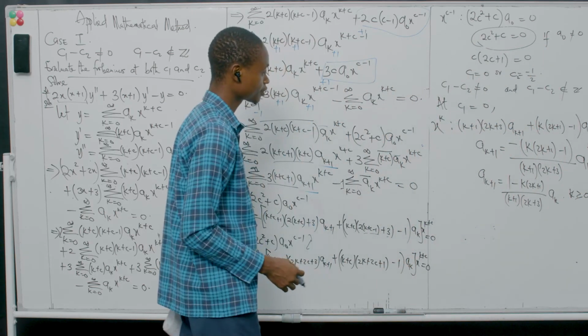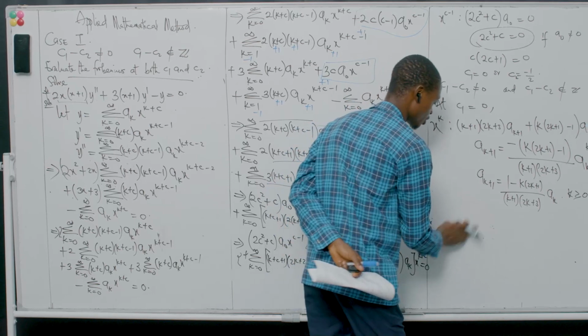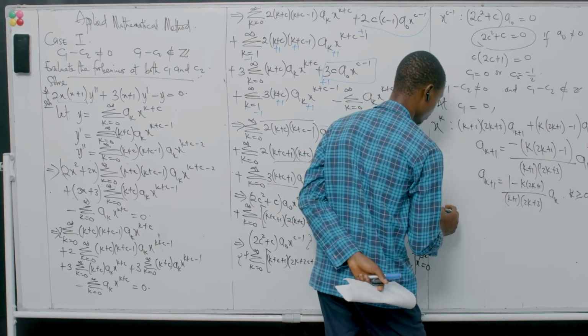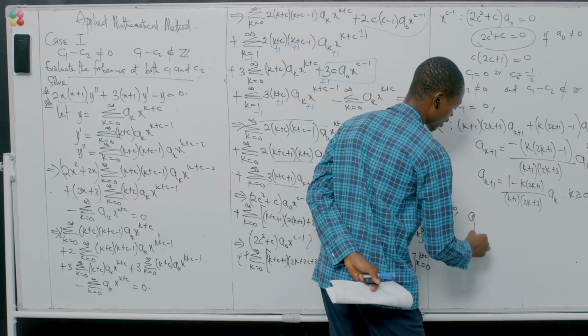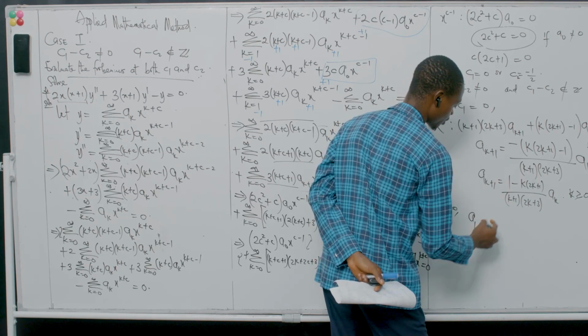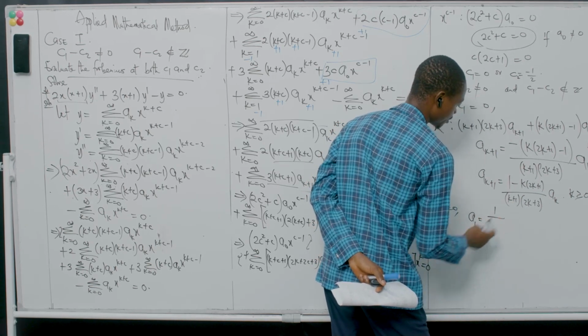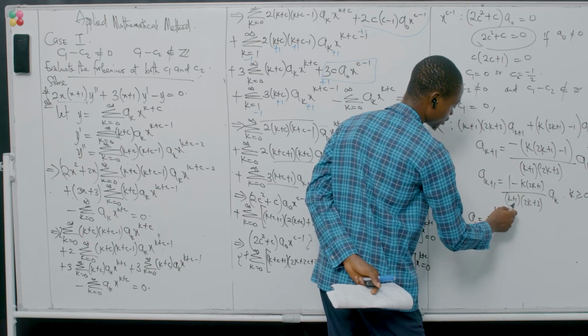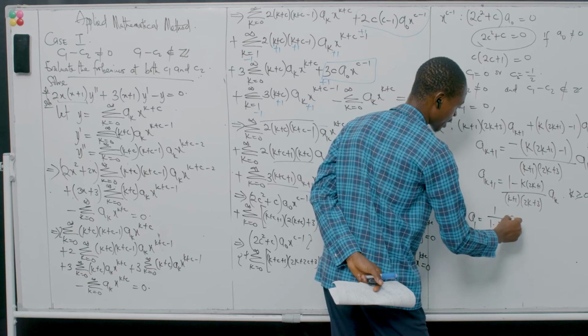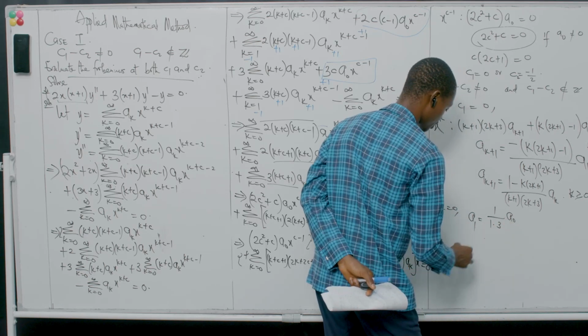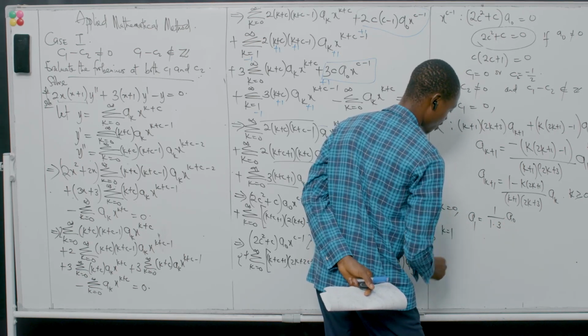Now, when k is equal to 0, let's start generating our values. When k is equal to 0, what do we have? We have a1, k equal to 0 here. You have 1 divided by, all of this is 0, this is 0, this will be 1 multiplied by 3, a naught.